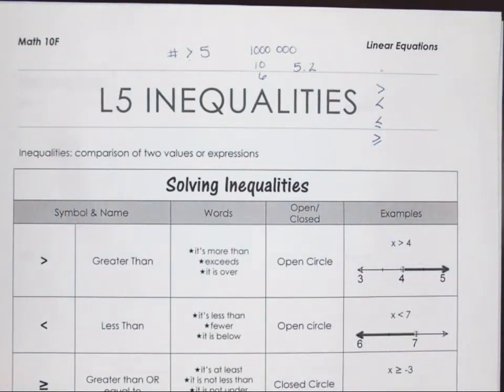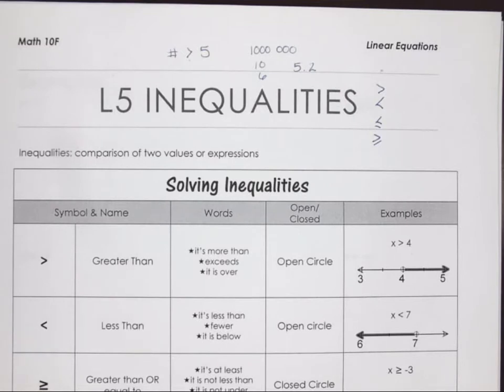So that's why we call them inequalities, because there's a whole range of answers that are perfectly acceptable. An equal sign means it must be this one number. An inequality sign means, hey, I've got some restrictions, like it's got to be bigger than 5, but it can be a whole bunch of answers.